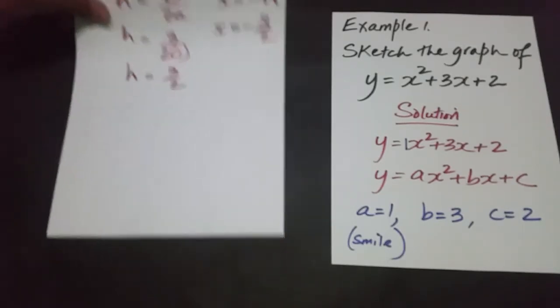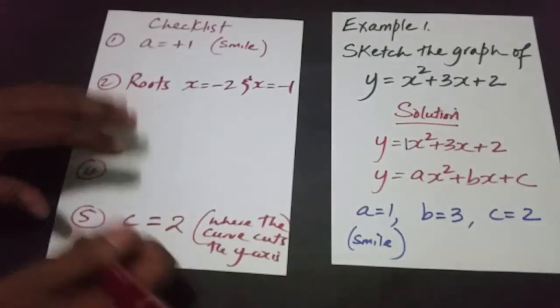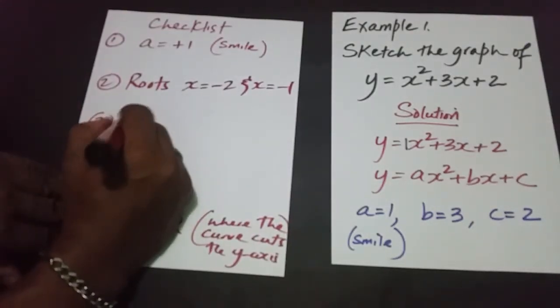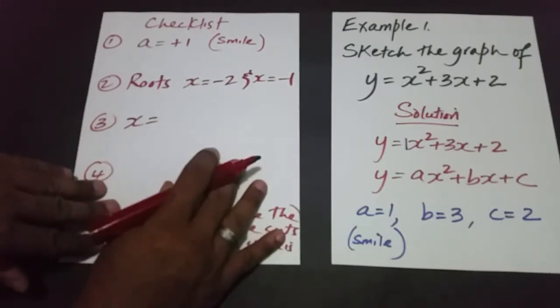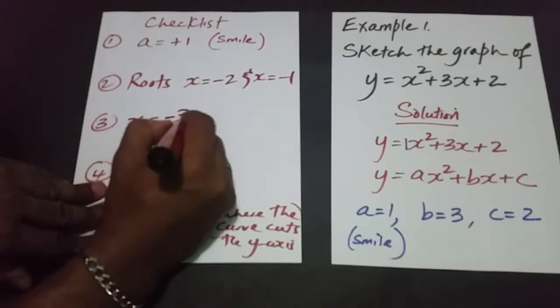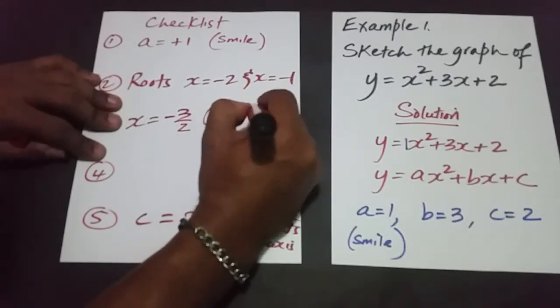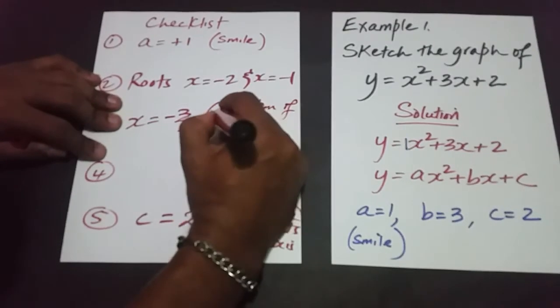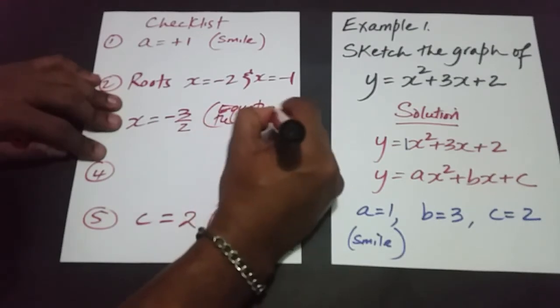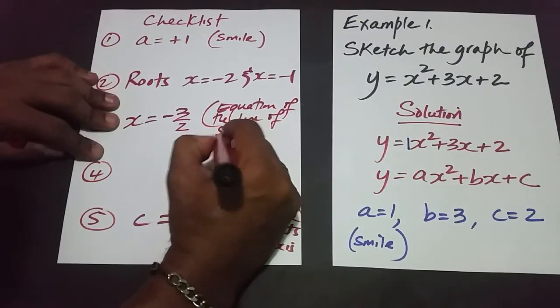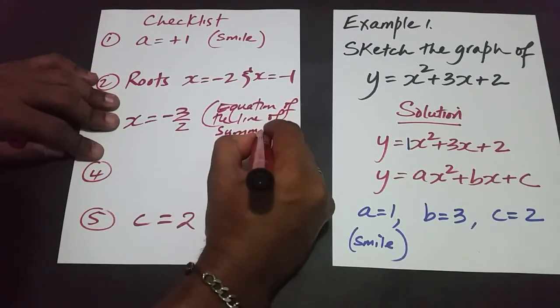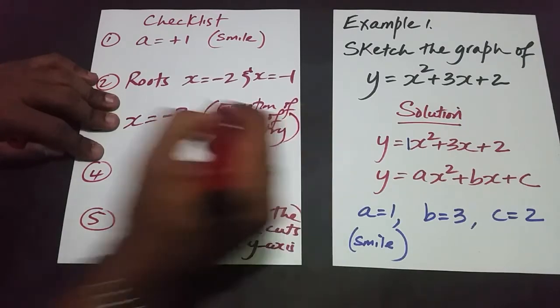So that is the next thing that I have on my checklist. This is exactly the line that is going to cut the parabola exactly in half.